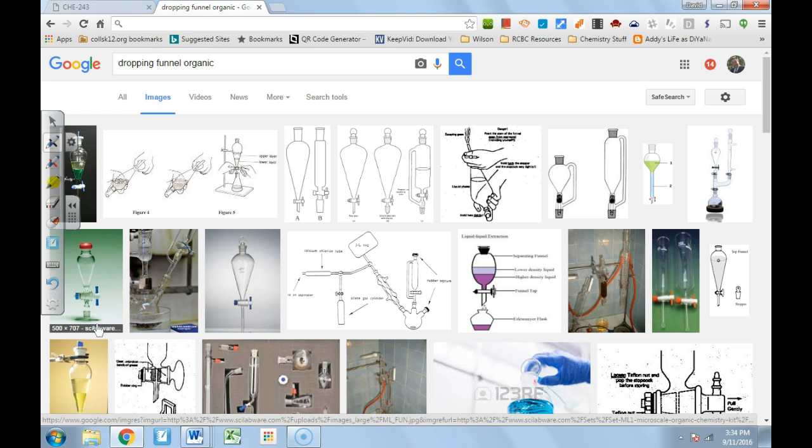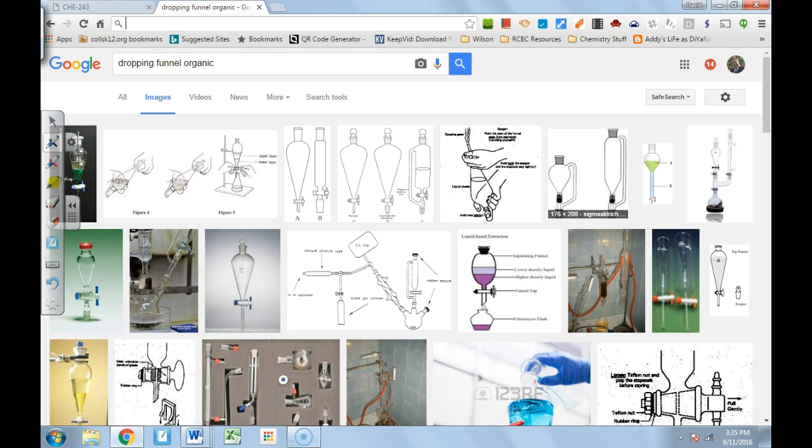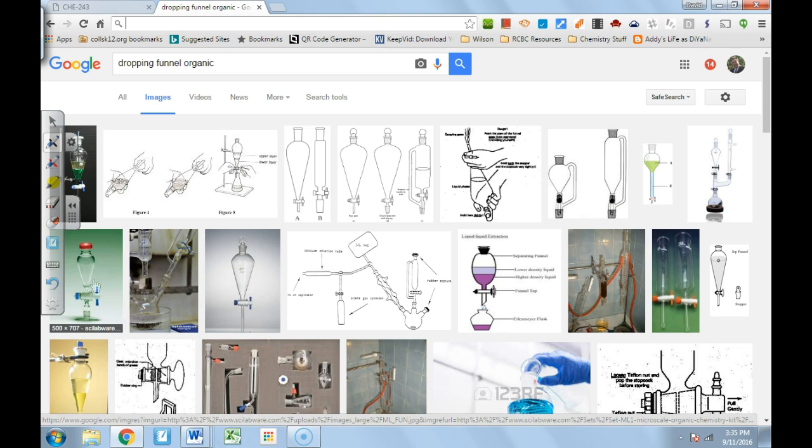Now, another note that you may or may not know is you have to worry about what I call the water cooler effect. When you're using these dropping funnels, you have to make sure that the cap is off when you are trying to add the stuff, in this case the bleach, because if it isn't, you won't get any air to replace the liquid that's dropping in, and it'll start bubbling and glubbling like a water cooler.